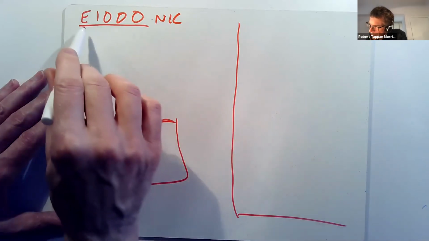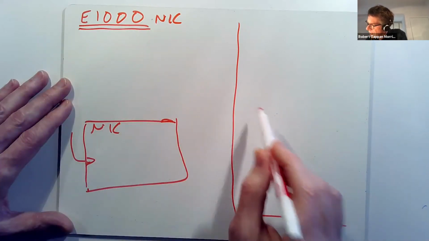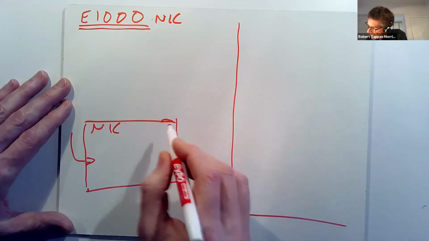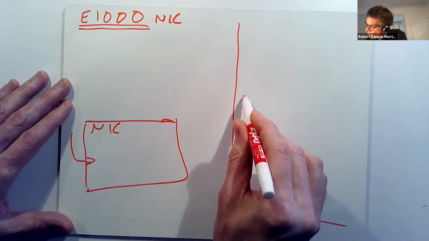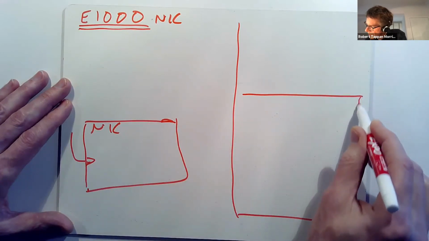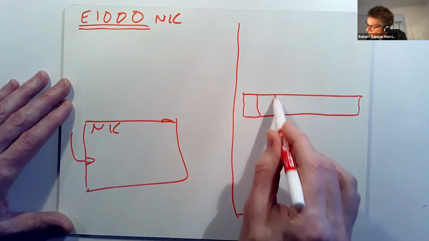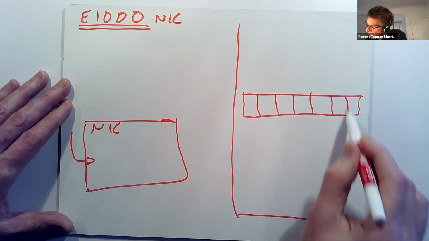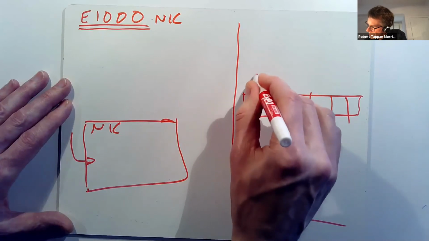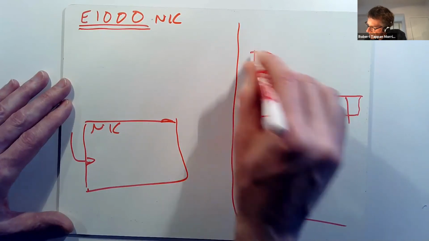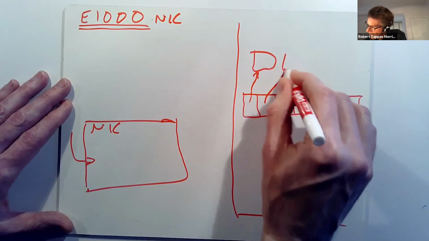The way the E1000 NIC works is that the host software formats up what are called DMA rings of packet pointers. A DMA ring is just an array of pointers to packet buffers.